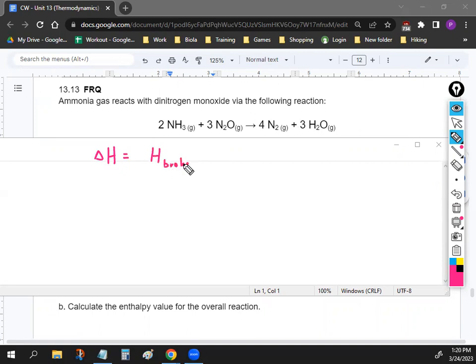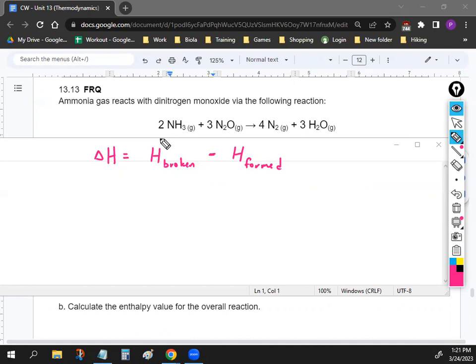Then, depending on how much energy is released, we're going to subtract the bonds formed from there. This is what's going to allow us to figure out the change in energy, because the starting amount that you had was the energy within the bonds that are broken.